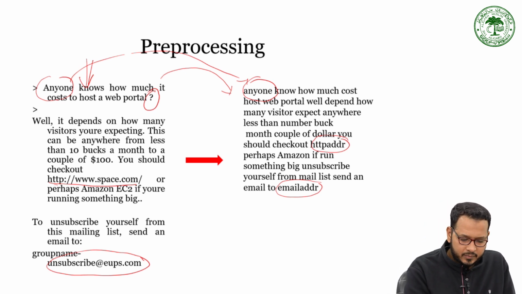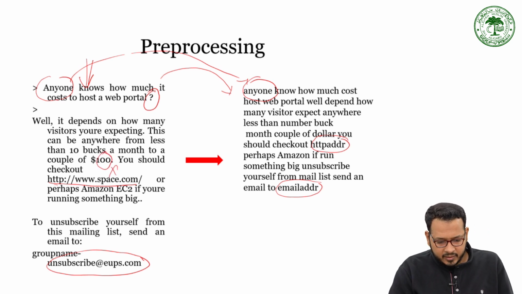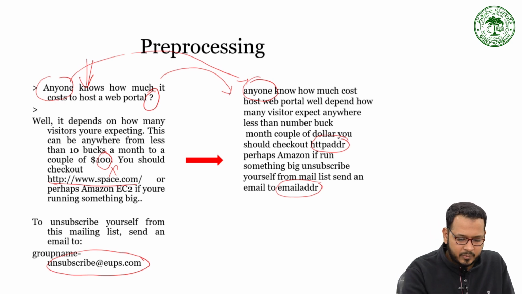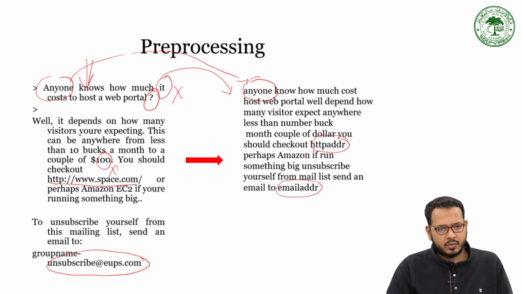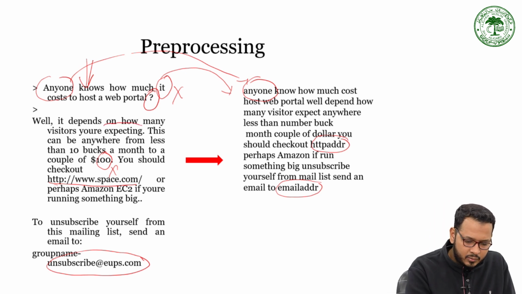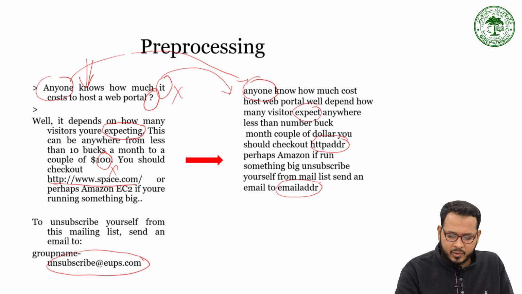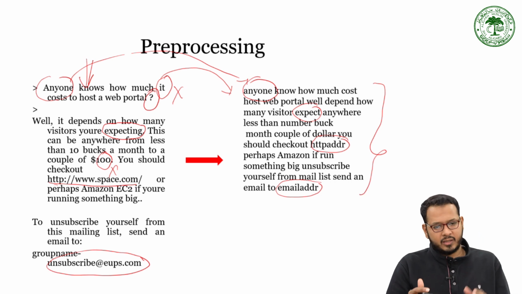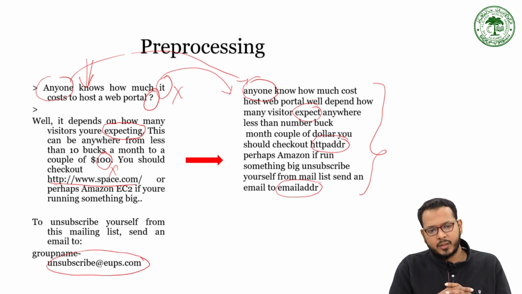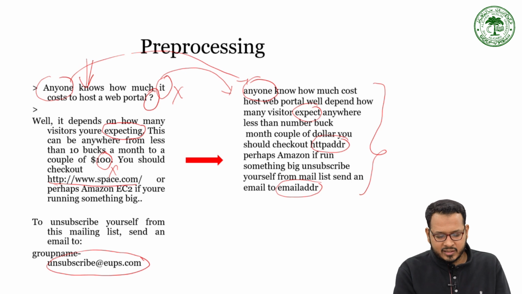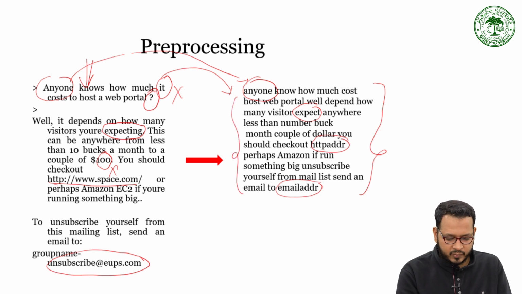The number 100 has been removed. If you look at the other things here, for example, this has been removed because it does not add much to the meaning, so the stop words have been removed. Apart from that, if stemming is also done, then if there is the word expecting, we have only expect here. So after pre-processing, we have only the words here that make up our text, and it is something in these words or group of words that make an email either a spam email or a non-spam email.